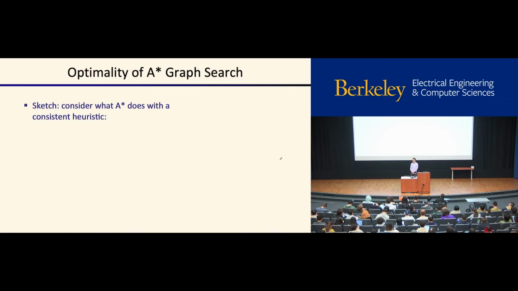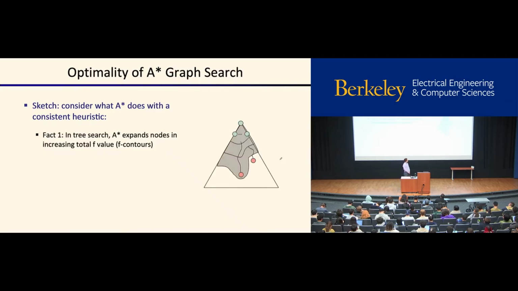Well, let's consider what A star does with a consistent heuristic. It's going to expand nodes in increasing total F-score. So if this is the picture of our search tree, first we're going to expand all the nodes with F-score less than or equal to 1. Then we're going to expand all the nodes with F-score less than or equal to 2. Then all the ones with F-score less than or equal to 3. And this will just keep going. At some point, we will reach a goal, and it will be the one with the lowest F-score.